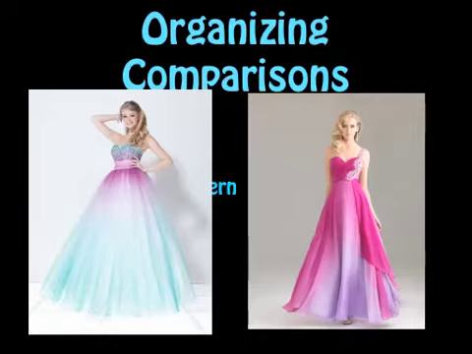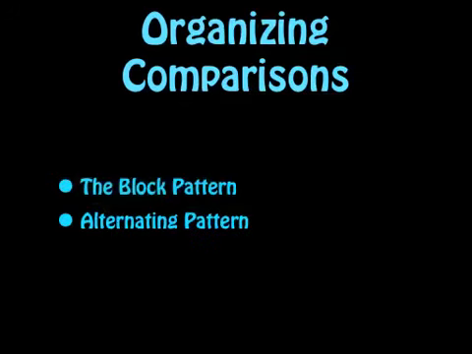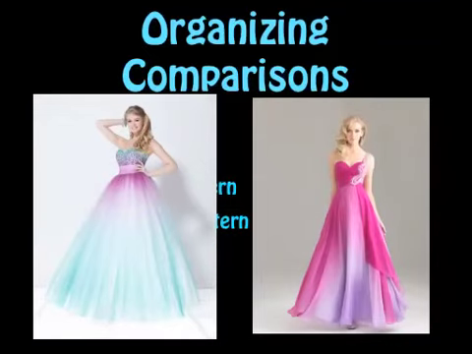That is an effective way, but there's also another way, and it's called the alternating pattern. In this one, I would say something good about the first prom dress, then say something good about the second prom dress, and then go back and forth until I've come to a conclusion on my decision of what I'm going to wear to prom.